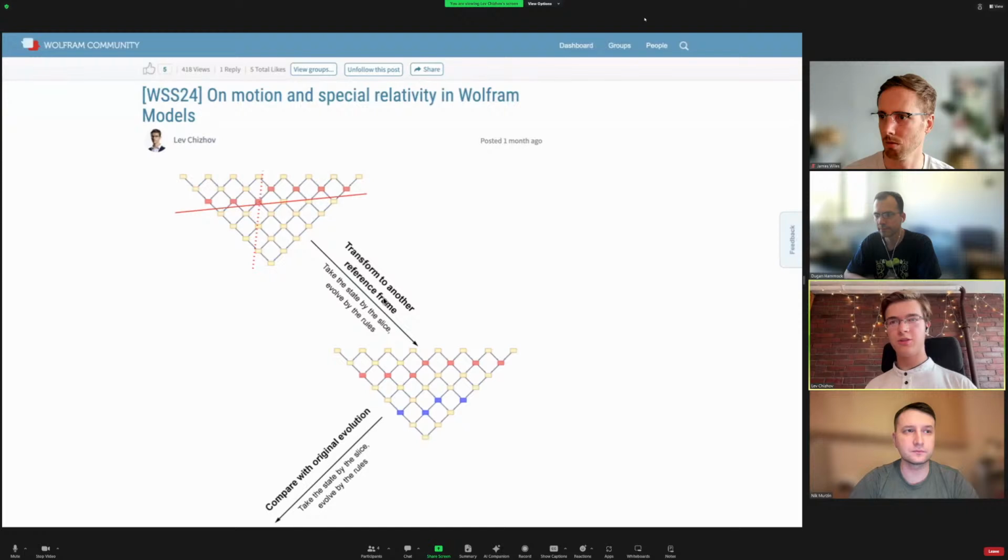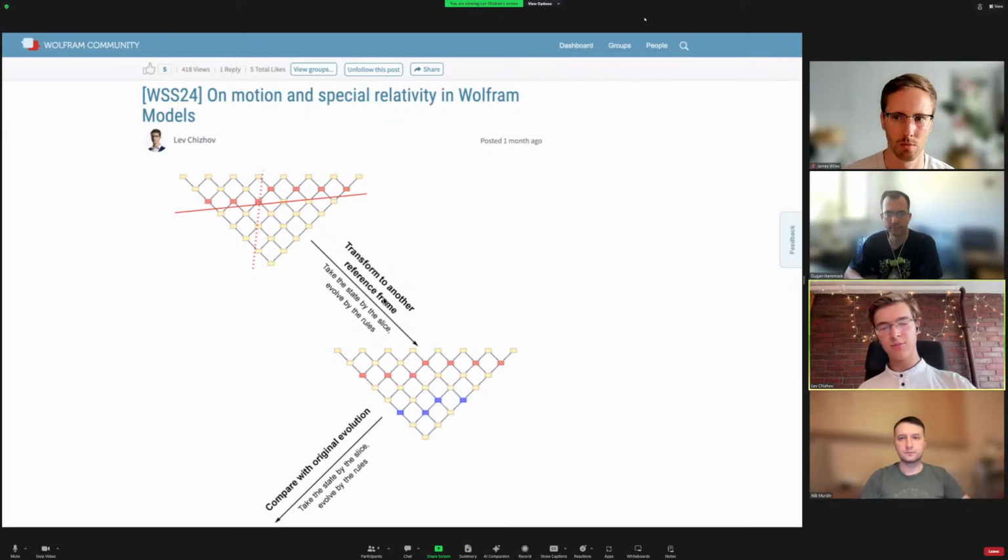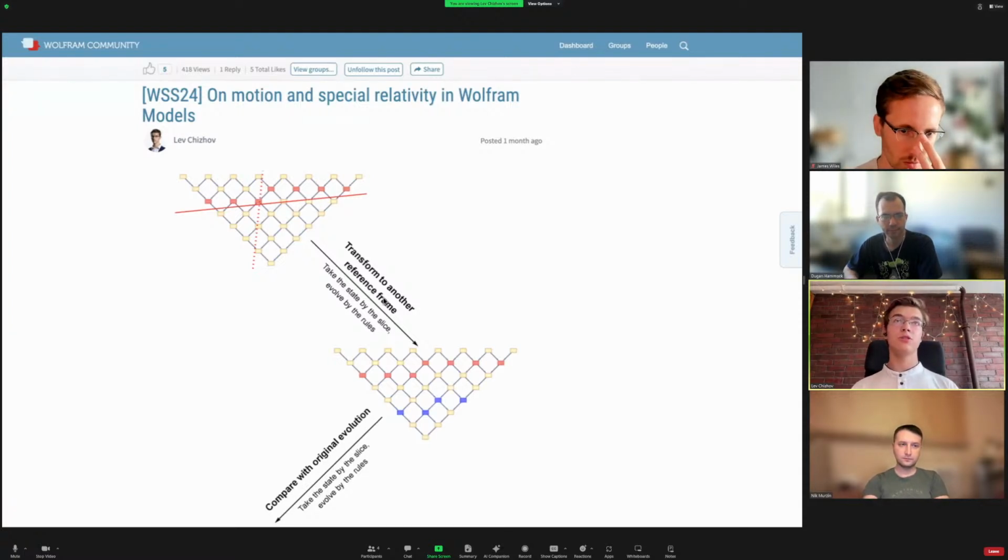What we need to do for that is look at the models, try to understand what kinds of things correspond to the observables we have in the real world, and what kinds of conditions we need to have in order for those observables to behave the way they're supposed to behave.